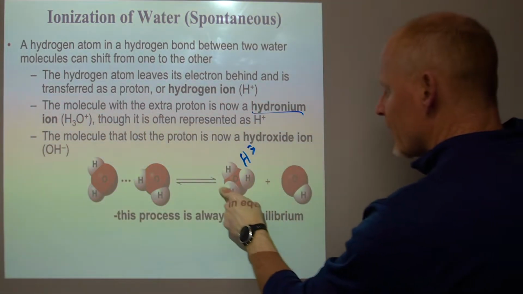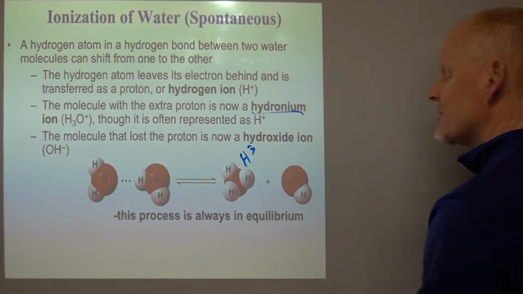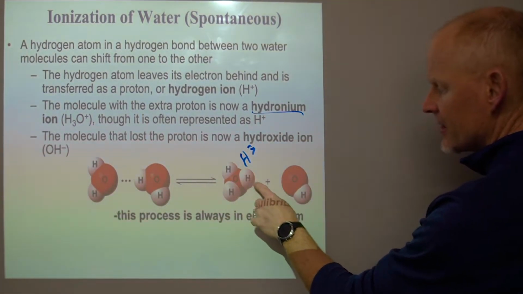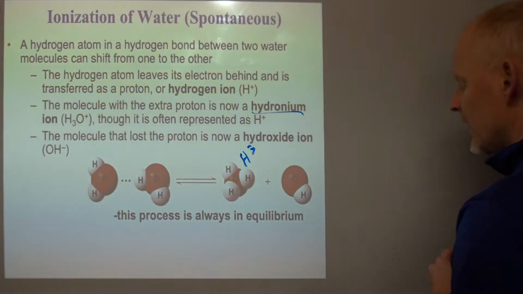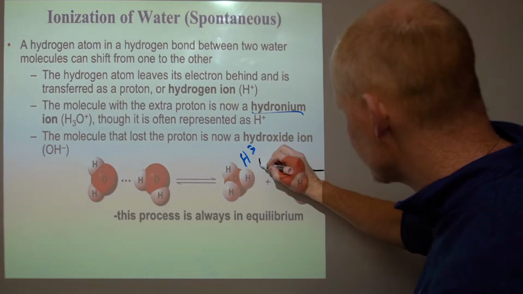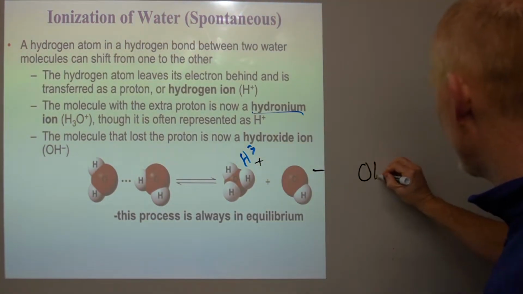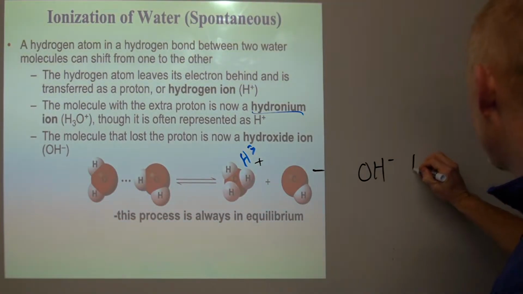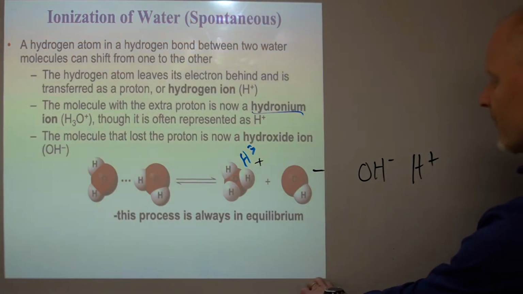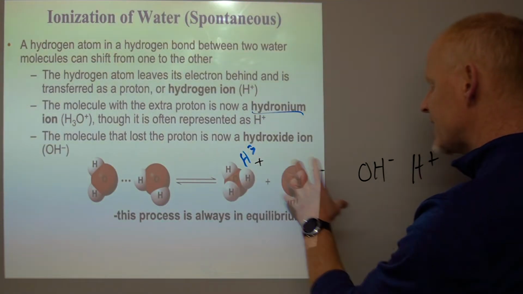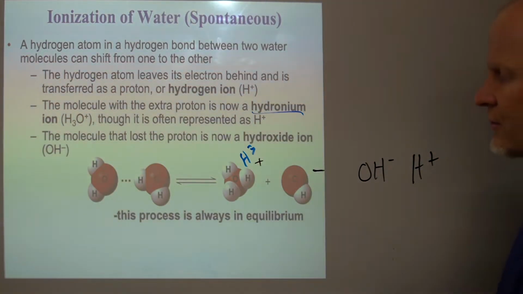This hydronium is typically just called a proton or a hydrogen ion, because it's got an extra hydrogen ion, which leaves you with this molecule right here, which is a hydroxyl group. This one will be negatively charged and this one will be positively charged. Typically, we represent these as OH negative and H plus. We don't include the other water molecule. So water spontaneously disassociates into this because of the draw of the proton to the oxygen.